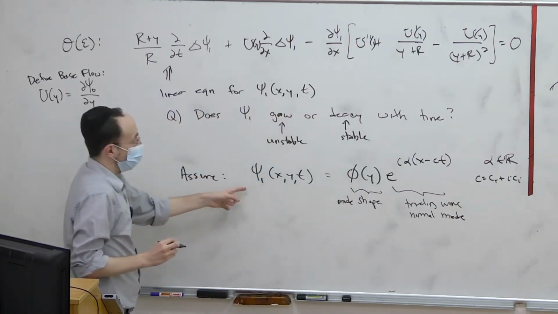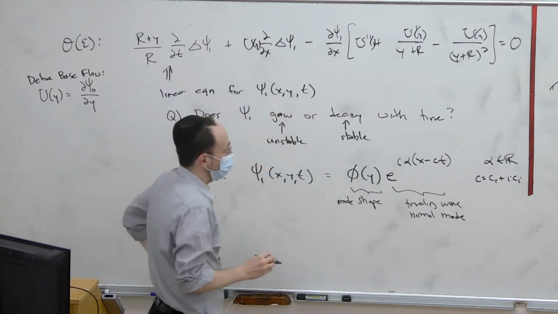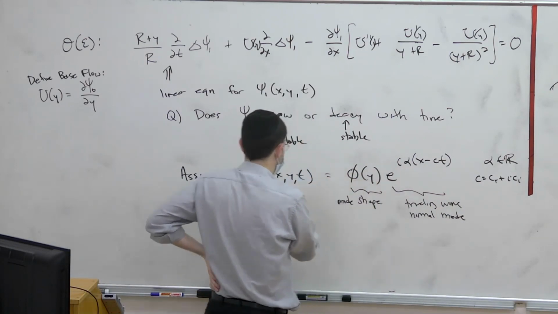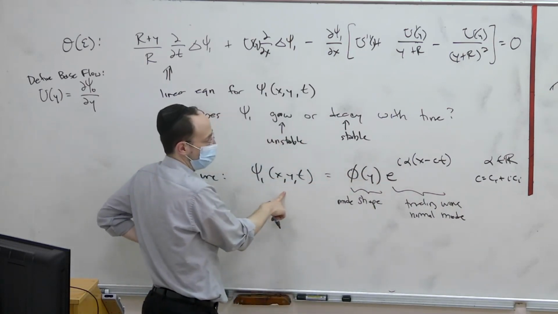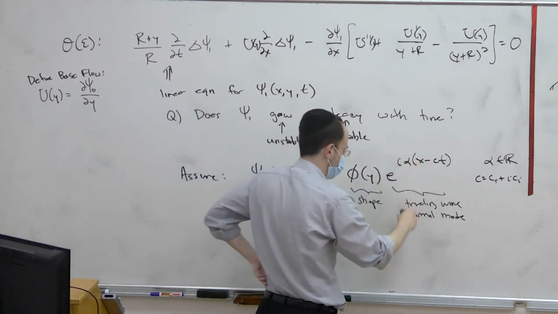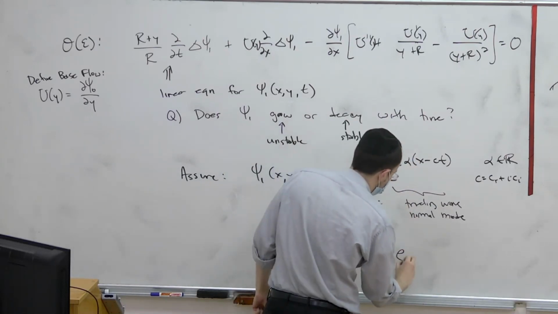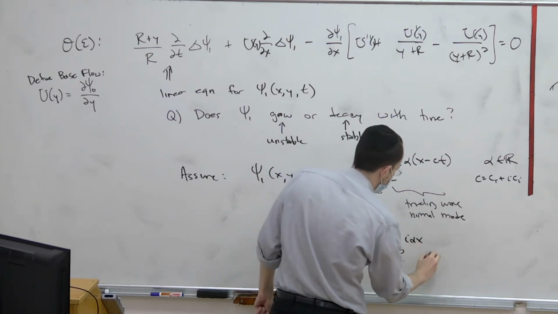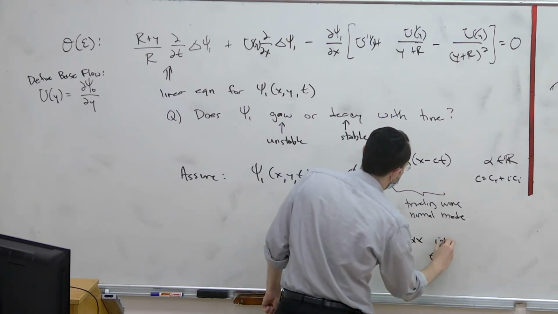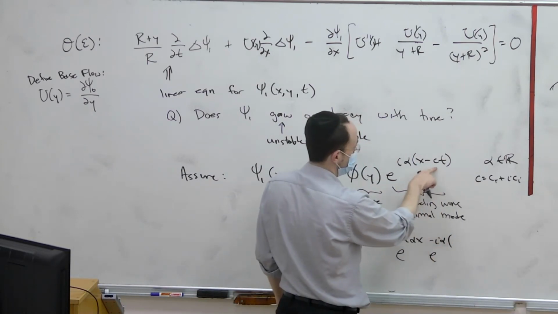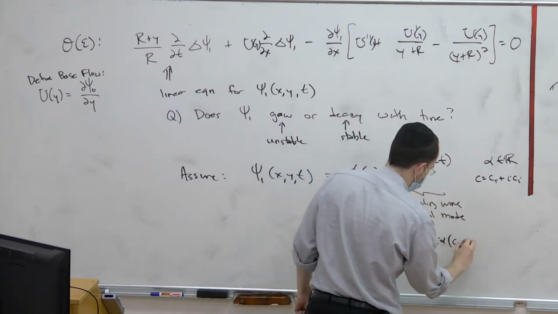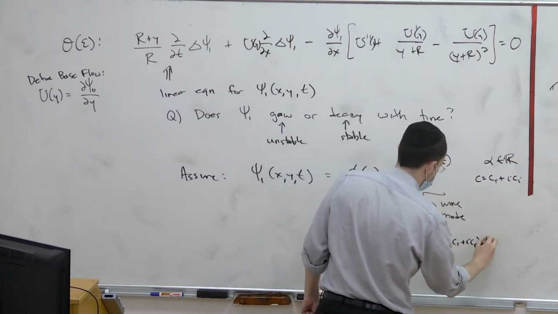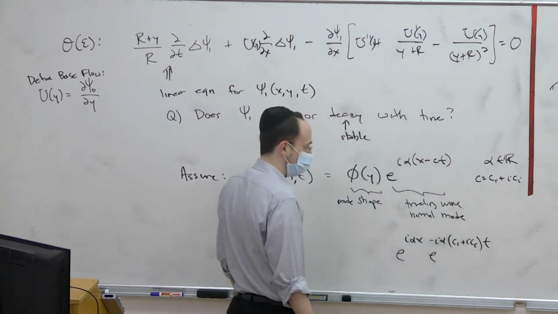And once I wrote it this way, now I can analyze under what circumstances this thing grows or decays. Well, all I have to do is look at my complex exponential. Here I have e to the i alpha x, and then e to the minus i alpha times c, which we said is c_r plus i c_i, times t.